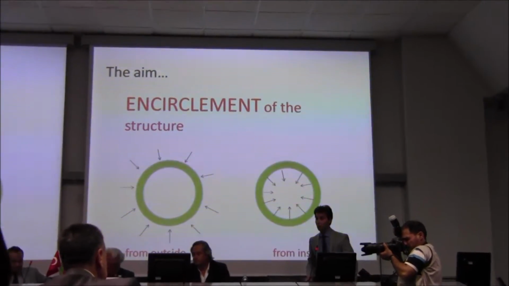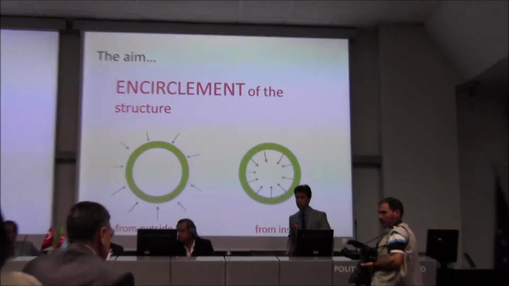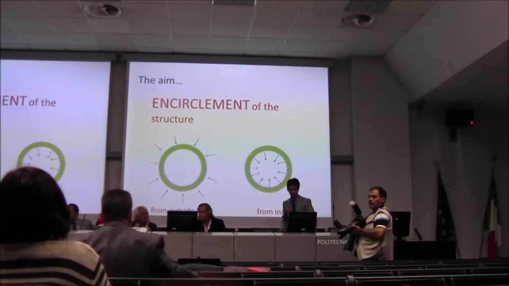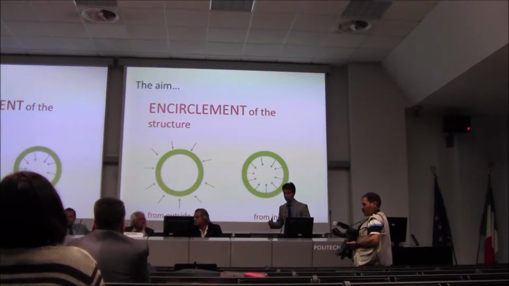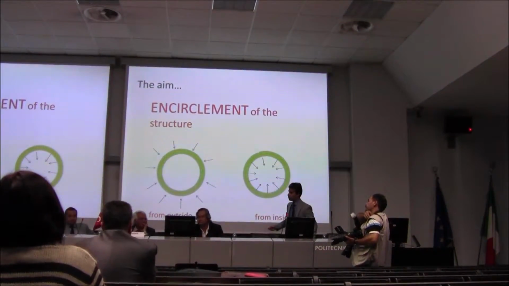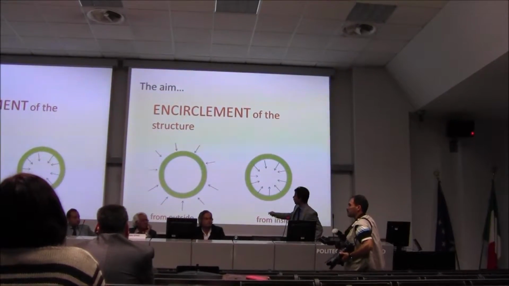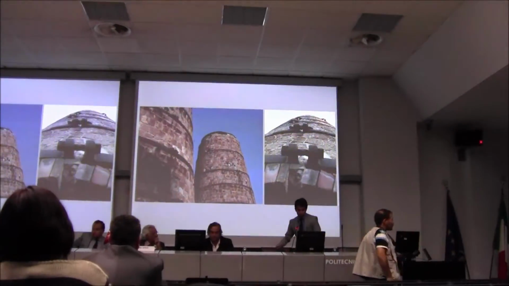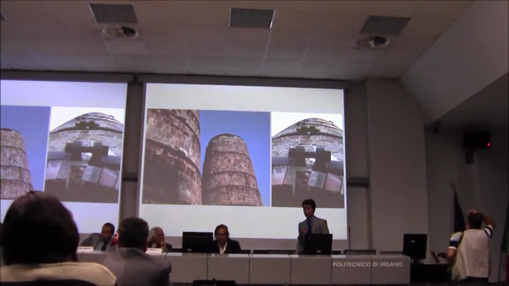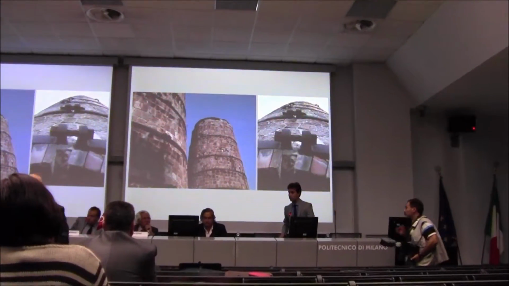The aim of the consolidation intervention is an encirclement of the structure. This encirclement, this confinement, can be done either from outside or from inside. There can be different types of encirclement.